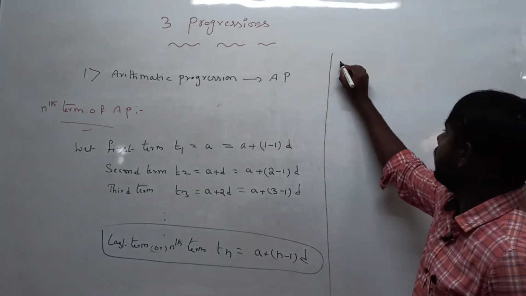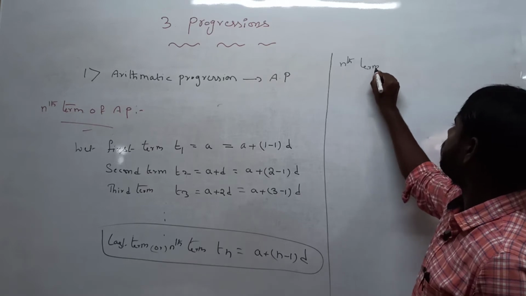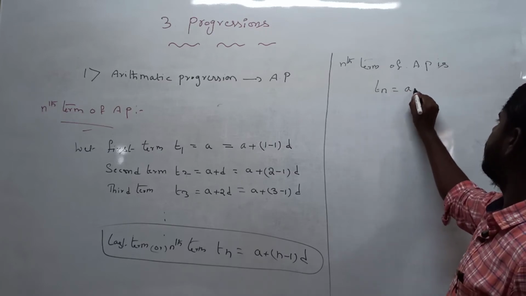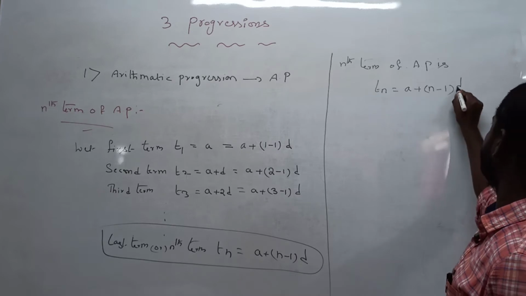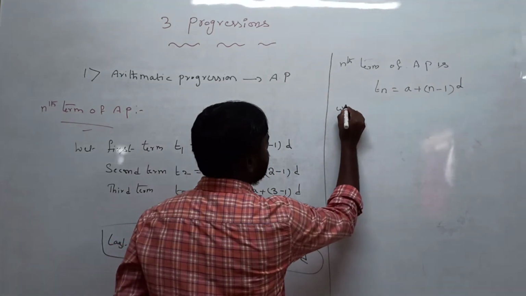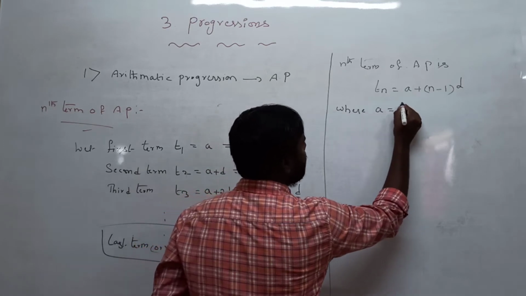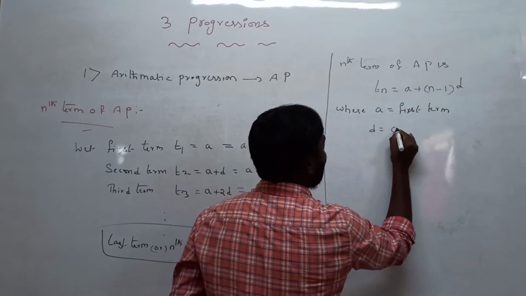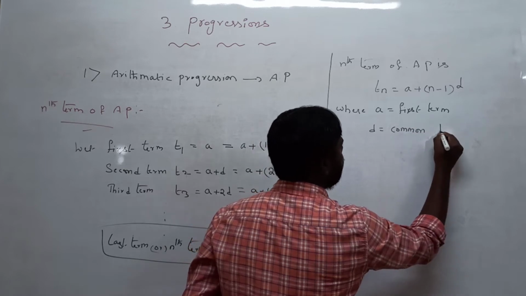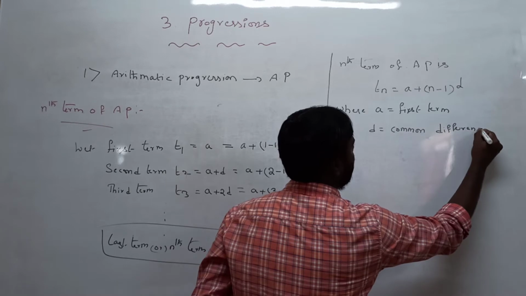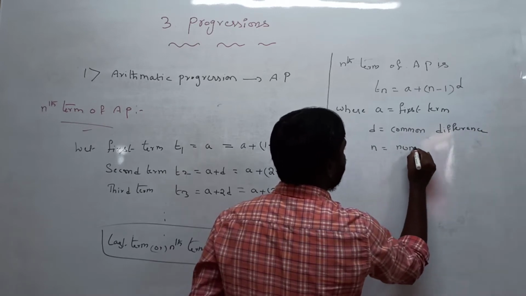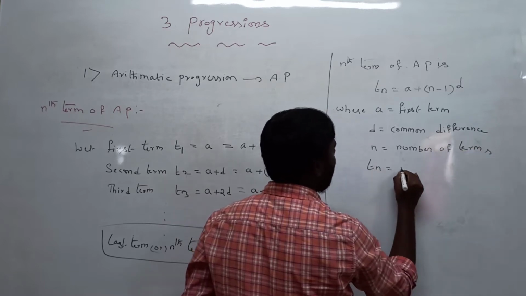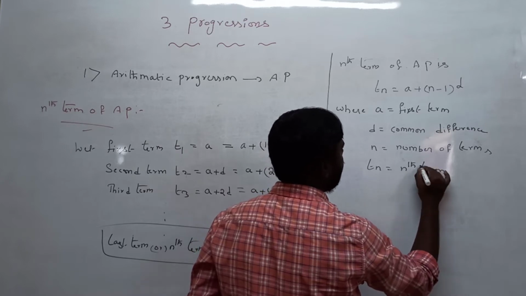Listen carefully. The nth term of an arithmetic progression is Tn equals a plus n minus 1 into d, where a is called the first term, d is called the common difference, n is called the number of terms or number of elements, and Tn is called the nth term.